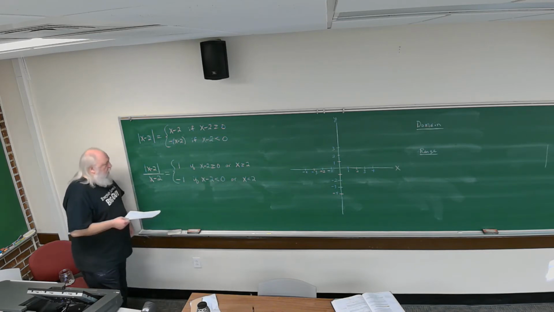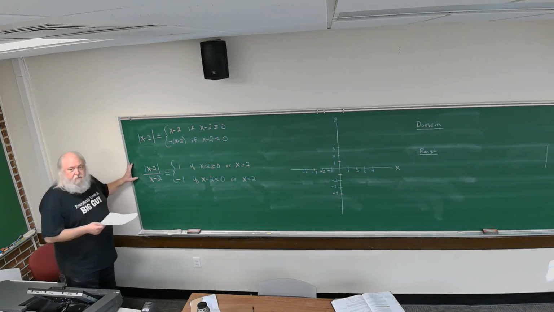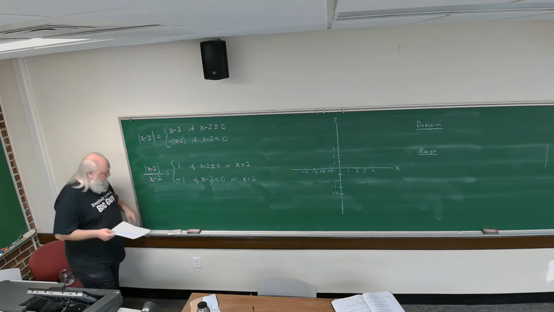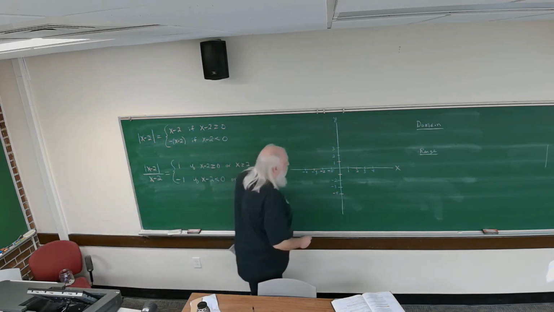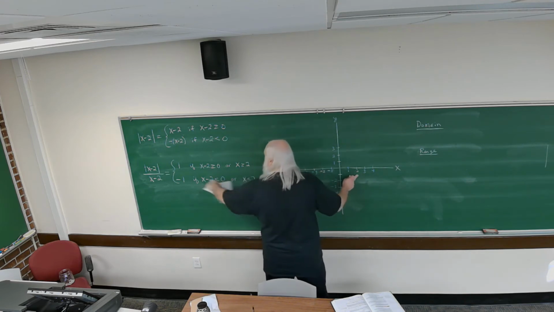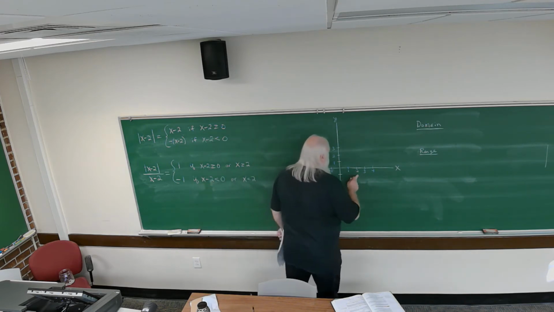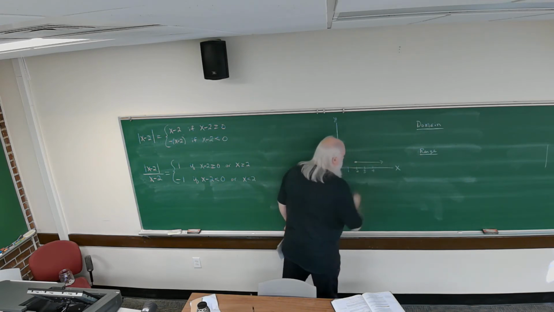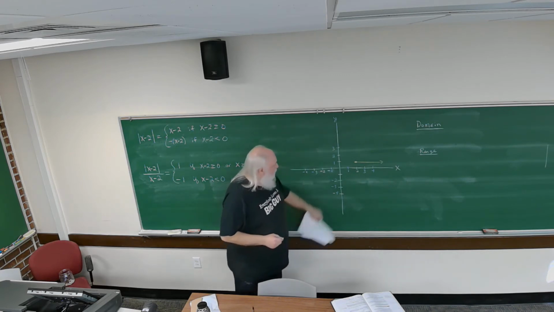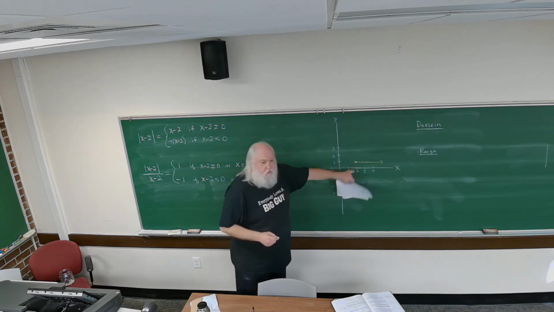Okay? And so now we can graph this function, f of x equals the absolute value of x minus 2 over x minus 2. For x greater than or equal to 2, the function is equal to 1. So that's just a half line starting at x equals 2, and so the point 2, 1.